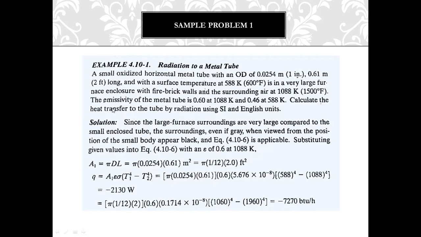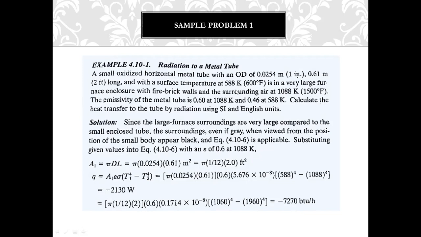The emissivity of this tube is 0.60 at the temperature of the surroundings, and 0.46 at 588, based on the temperature of the tube. We are to calculate the heat transfer to the tube by radiation using both the SI and the English units.